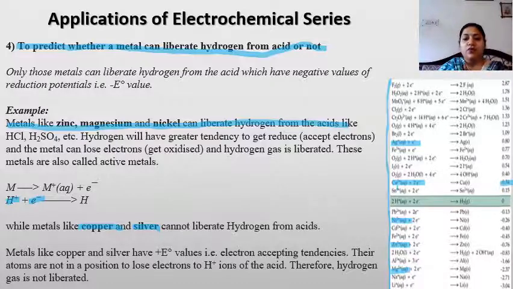So obviously these two are having higher values and they themselves get reduced when placed in the acidic solution. So these two do not have the tendency to liberate the hydrogen from the acid. So in this way we can predict which element will liberate hydrogen from acid and which element will not liberate hydrogen from the acid.